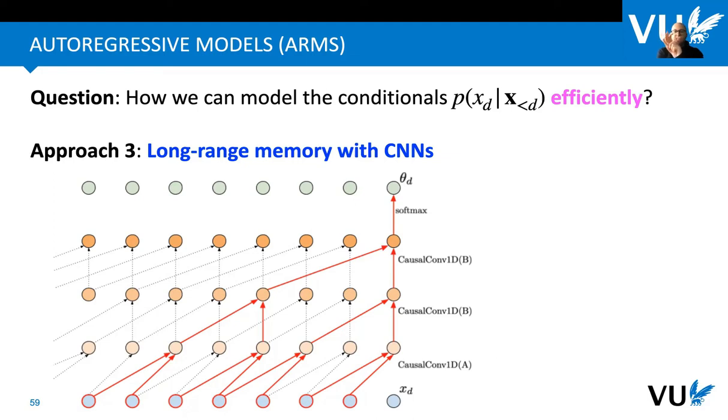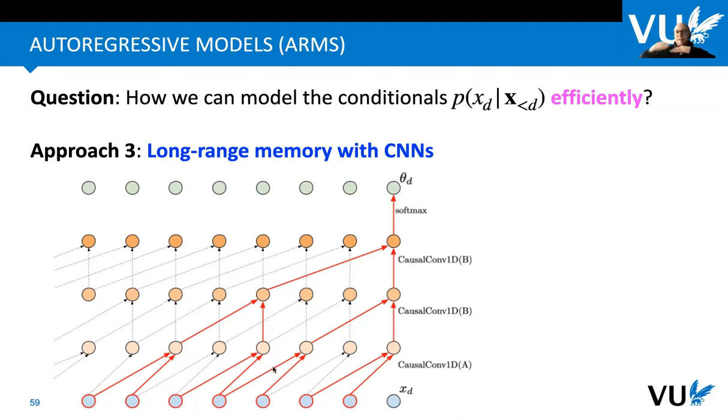So we cannot look into the future. We have to cut our convolutional layer, and we must ensure that this is causal. So at the first layer it doesn't look at the same pixel; it has to look at the previous pixels.